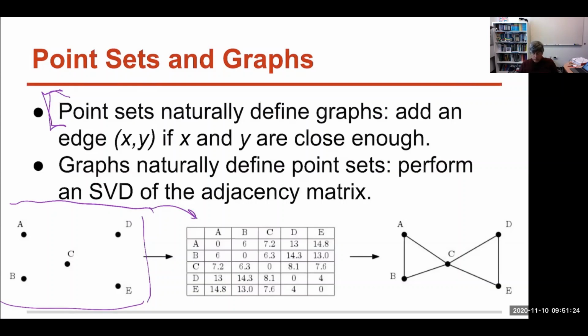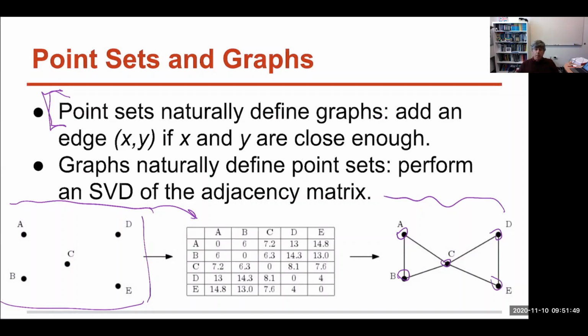The other thing is that graphs naturally define point sets. We are used to graphs or networks having pictures like this. If we have a picture like that, what does it mean? It means we have given every vertex a position as a point in space, trying to reflect the structure of that graph.